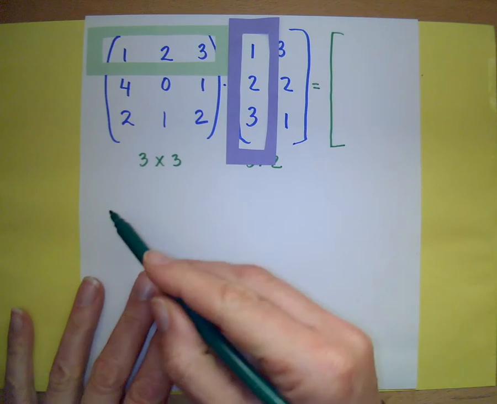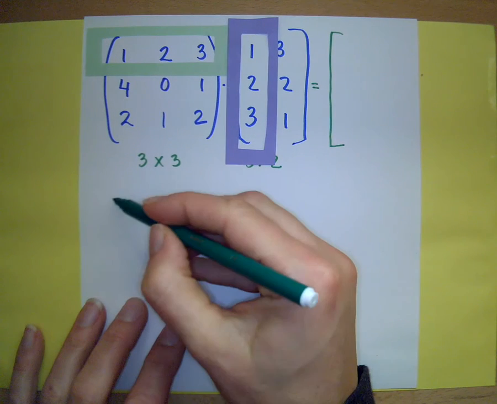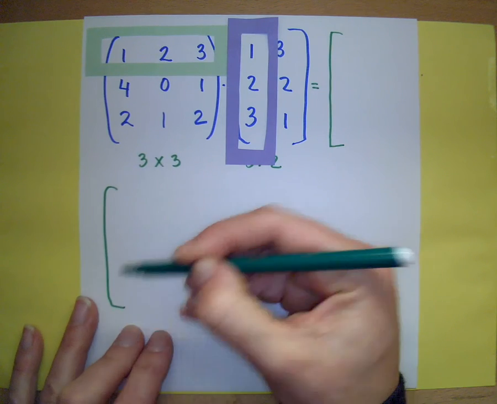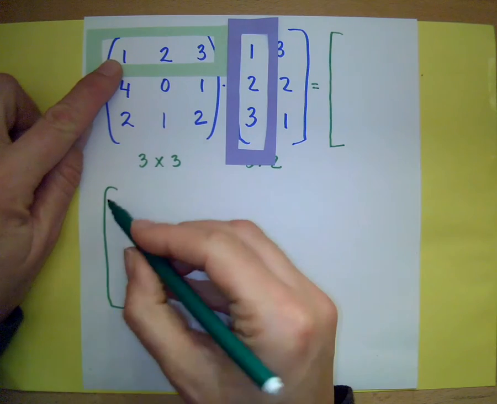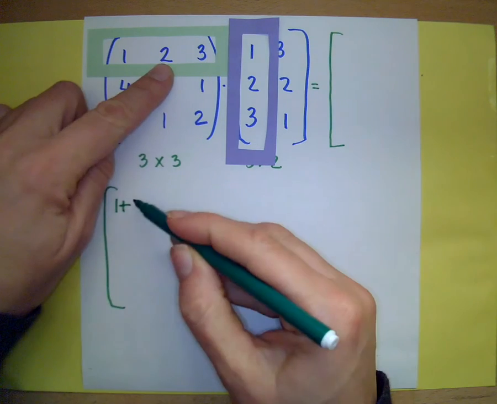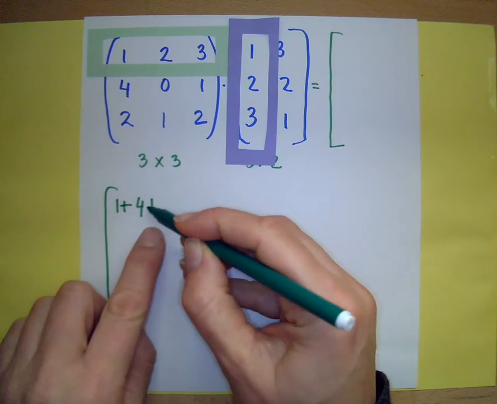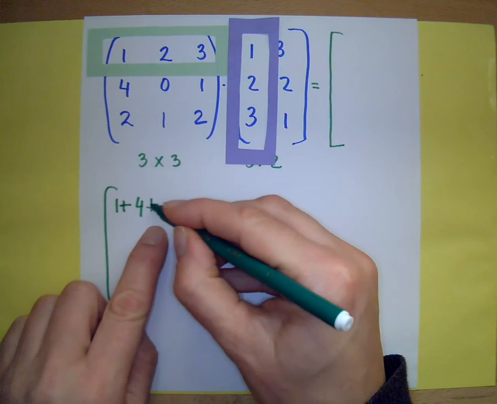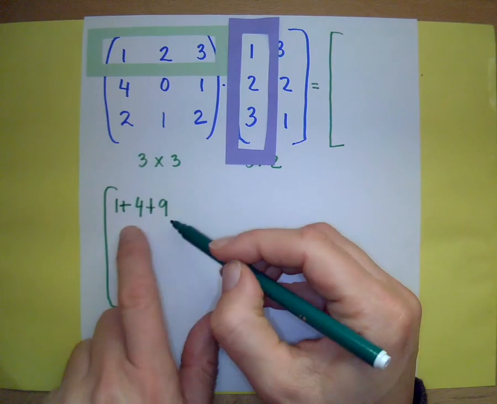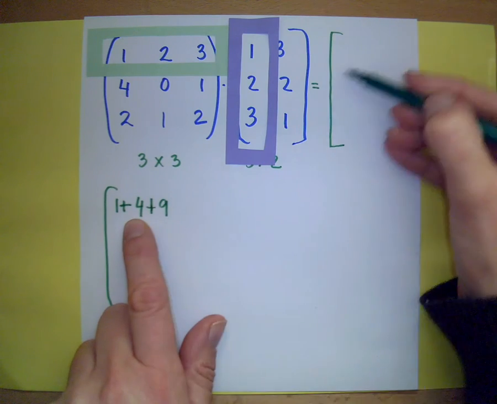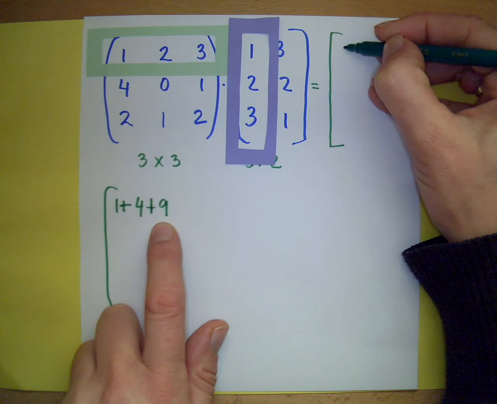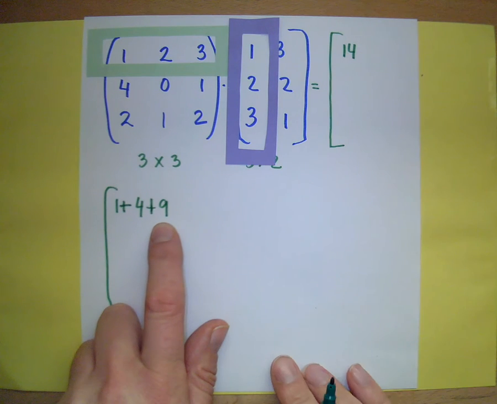I actually think I need space down here. Let's just make more room. 1 times 1 is 1, plus 2 times 2 is 4, plus 3 times 3 is 9. Let's transfer it right away over here. This added together is 14, gives us this number.